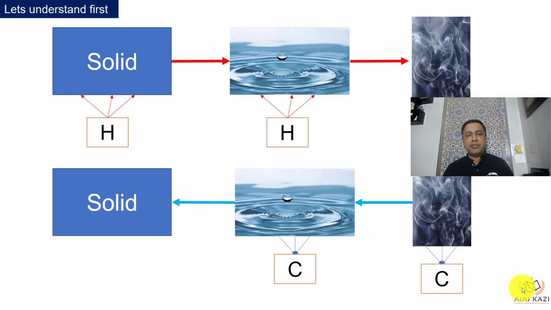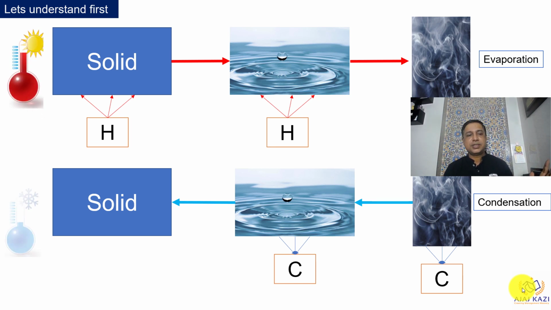This is the fundamental behind any refrigeration or air conditioning working, and this is how the vapor compression cycle is built up. The process of conversion from solid to liquid to vapor with heating is called evaporation, and when I go in reverse it is called condensation. Hope it is clear.